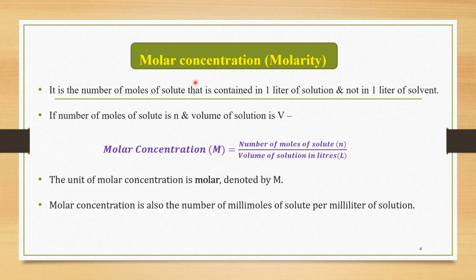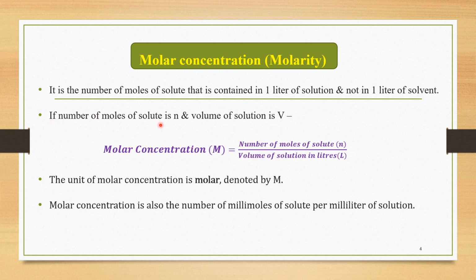So the first method for expressing the concentration of a solution is called the molar concentration, commonly known as molarity. Now what is meant by this molarity? Molarity is nothing but the number of moles of solute that is contained in 1 liter of solution and not in 1 liter of a solvent.